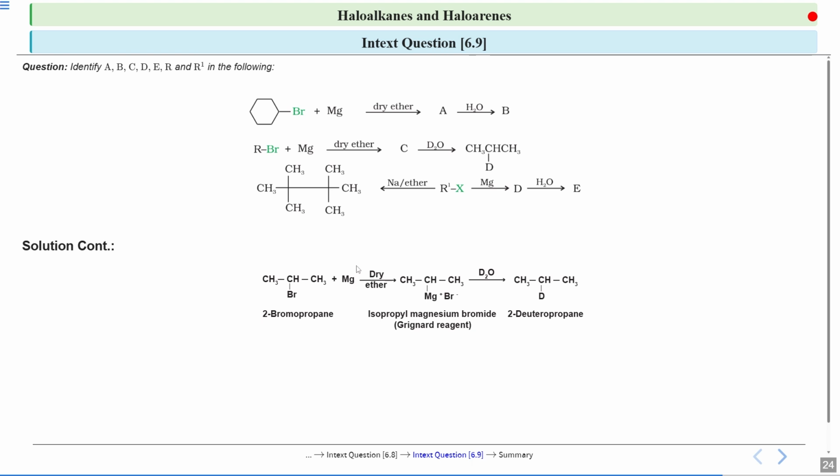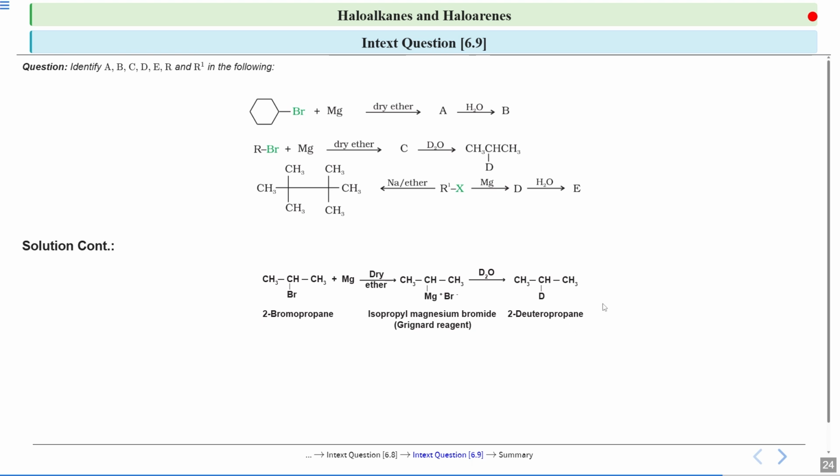When it reacts with magnesium in the presence of dry ether, you get a Grignard reagent, where the bromine is replaced by Mg positive and Br negative. And when this reacts with D2O, you will get an alkane. The Mg positive and Br negative will be replaced by D, that is deuterium here. So you will get CH3, CHD, CH3.